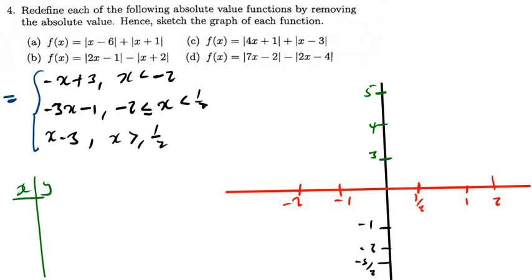I said that here we have negative 2. Let's just get 2 points: negative 2 and negative 3, because these are numbers which are less than negative 2. If I put negative 2 here, it will be 5. If I put negative 3 here, it's going to be 6.